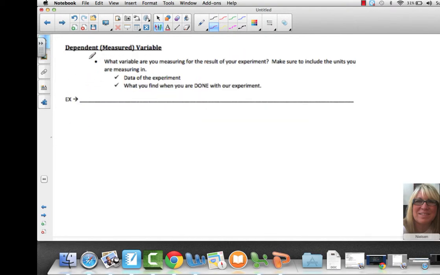So what is the dependent variable? What are we measuring? What data are we going to collect? Well, we can measure the mass in grams, so we'll put G, of tomatoes.